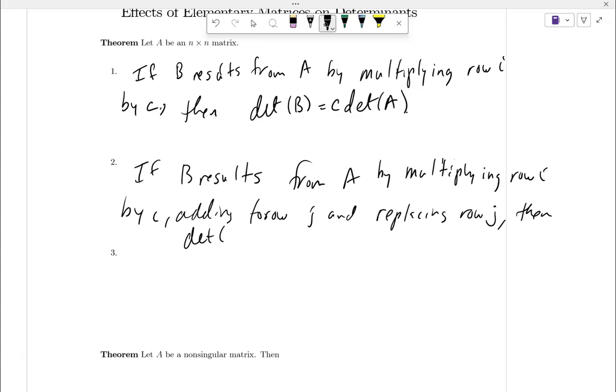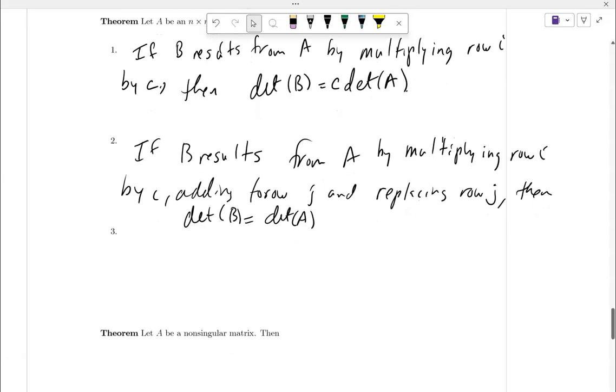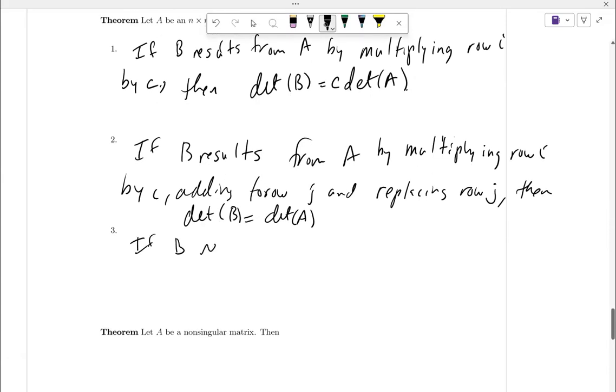Nothing. Good. The determinant stays the same. Finally, if B results from A by swapping row i and row j.